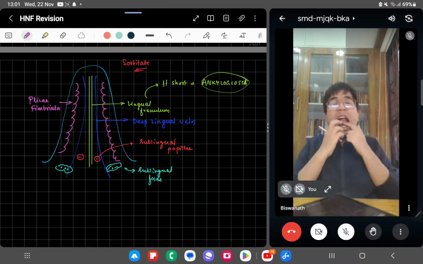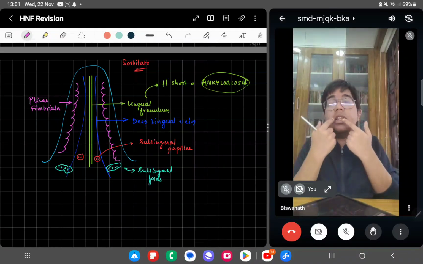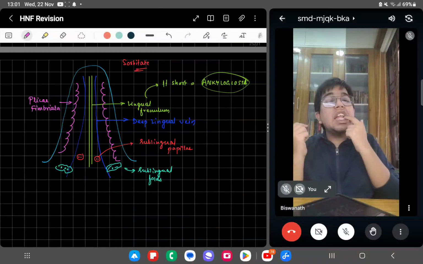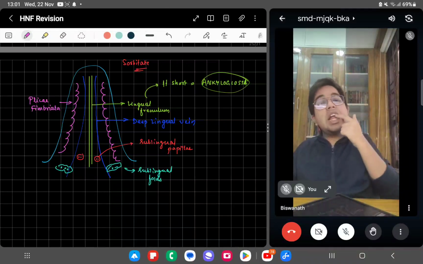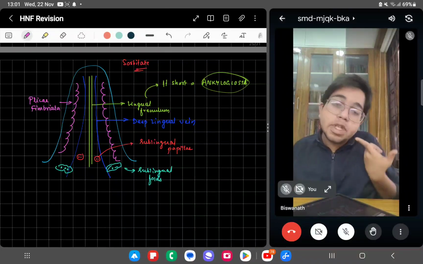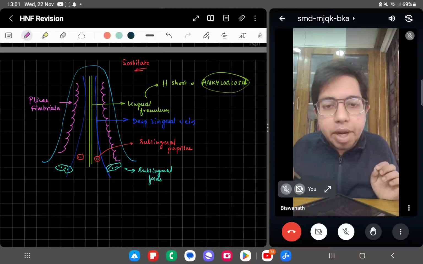You can see the ventral aspect of the tongue and feel it like this. If you just put a finger, you can feel the plicae fimbriata.